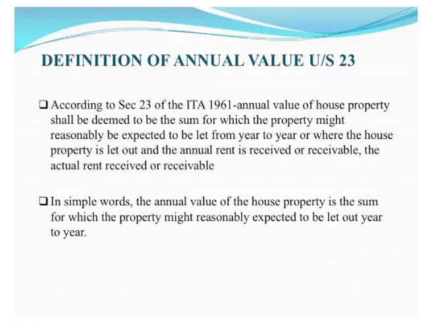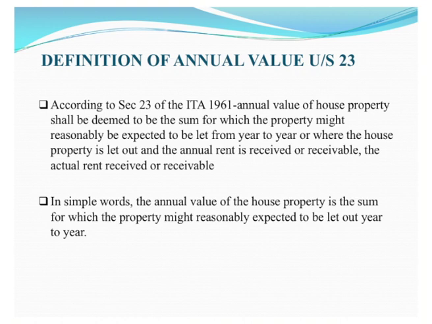Now, what is this calculated annual value? The calculated annual value here is nothing but the rent received or receivable which has been expected year after year. Next is, let's understand and learn the definition of annual value under section 23. Now, as students of income tax, you need to understand and also learn the definition as per section.